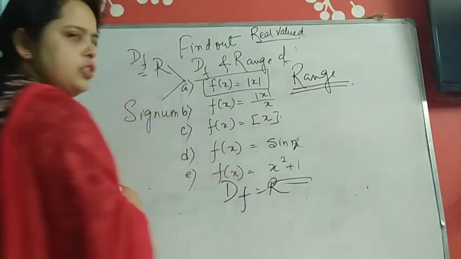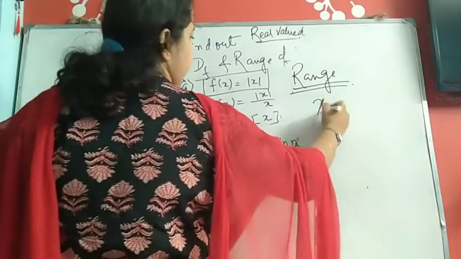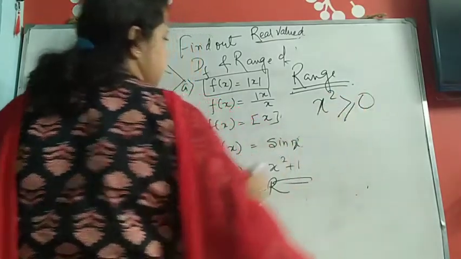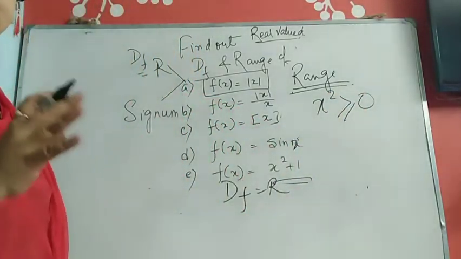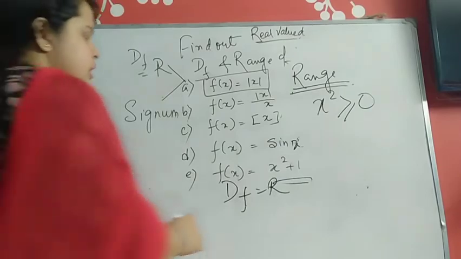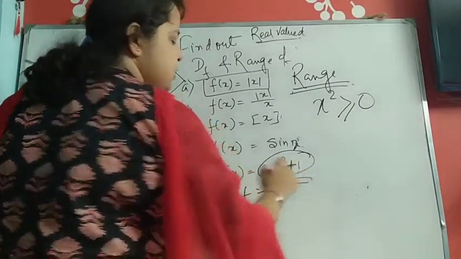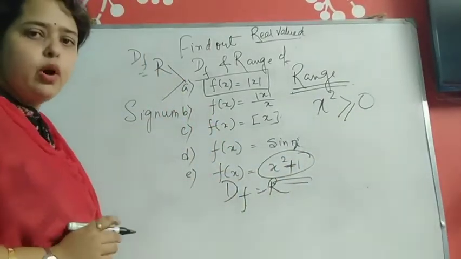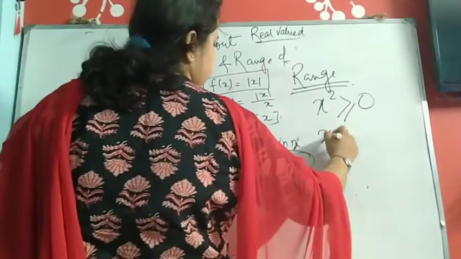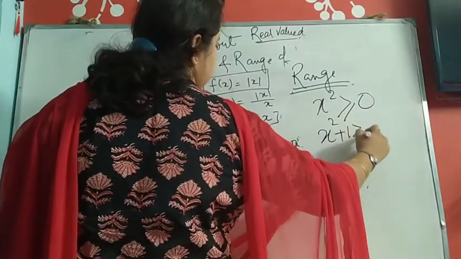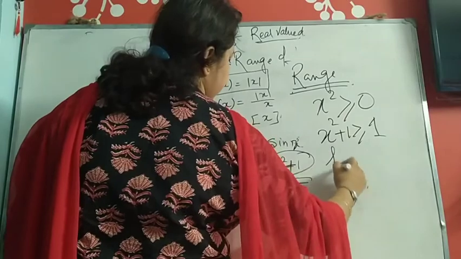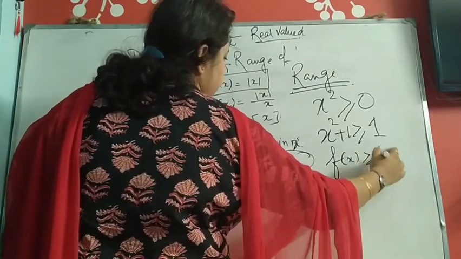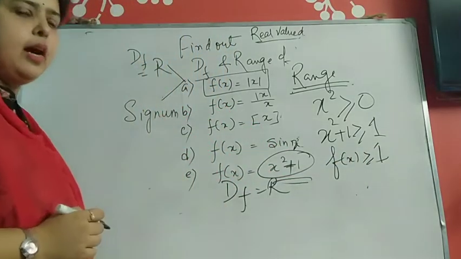Okay, for this function, we all know that x square is always positive. x square is always greater than or equal to 0. Now, but we have here x square plus 1. What to do about it? Let us add 1 on both sides. Do you understand what I am doing?